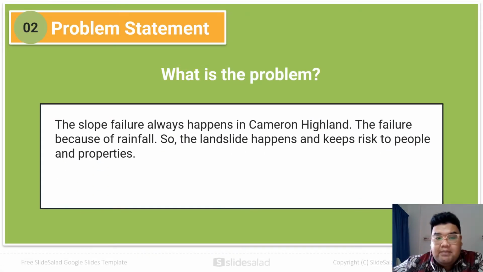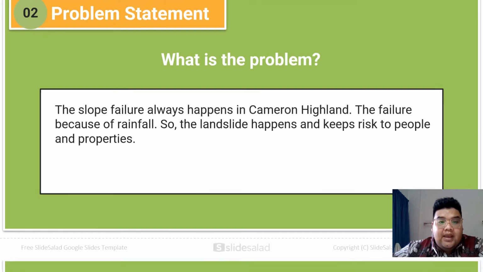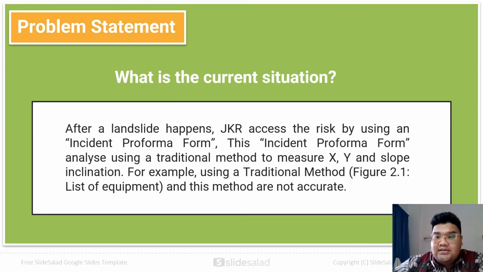What is the problem statement? Slope failure always happens in Cameron Highland. The failure is because of rainfall. So the landslide happens and keeps posing risk to people and properties. And what is the current situation nowadays? After a landslide happens, JKR assesses the risk by using an incident proforma form.